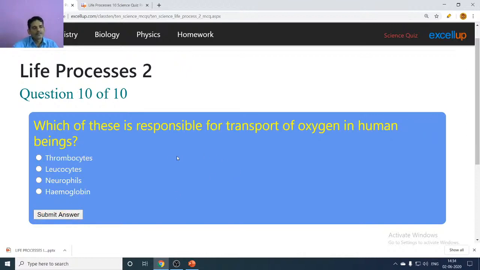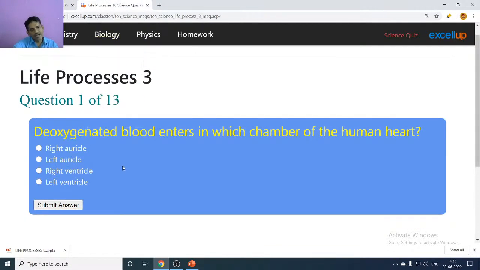Last question. Which of these is responsible for transport of oxygen in human beings? Actually, RBC transports oxygen. RBC contains hemoglobin, a red pigment. So this is quiz 1. Let us go for another quiz about the circulatory system.